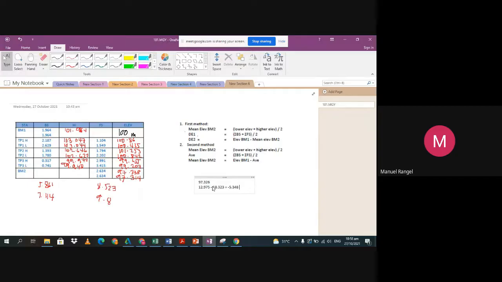That is negative 5.348. So the elevation of BM1, 100, minus the mean 97.326, is 2.674.